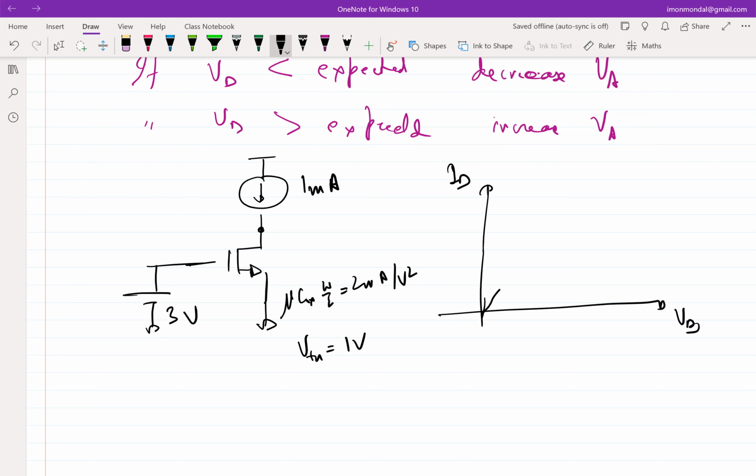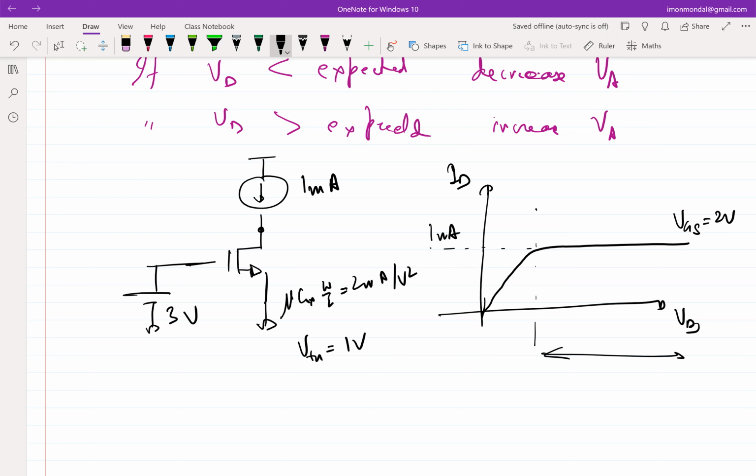Let's assume that I am operating here. Then regardless of the value of VDS, I have 1 milliamp of current. But this particular plot is specific to one particular value of VGS. VGS is a parameter. In the way that I have sketched, this plot will be possible only when VGS is equal to 2 volt.